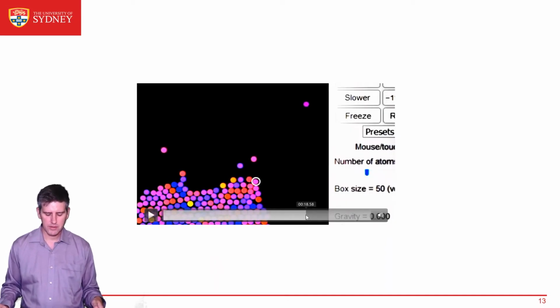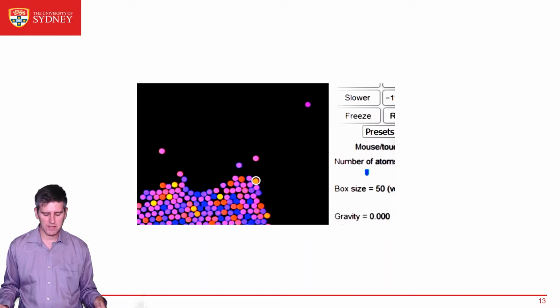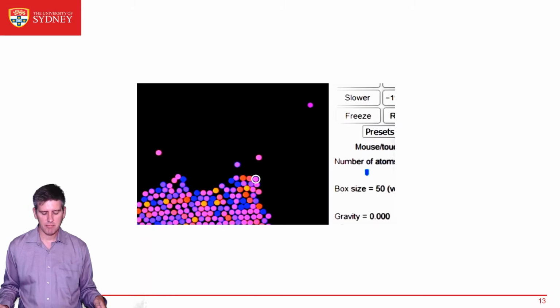Here we go. So look right next to the circled molecule, there's a red molecule. Red means it has higher kinetic energy than the average. And it bounces against our circled molecule, giving it more kinetic energy, but that's still not quite enough to free it from the liquid.